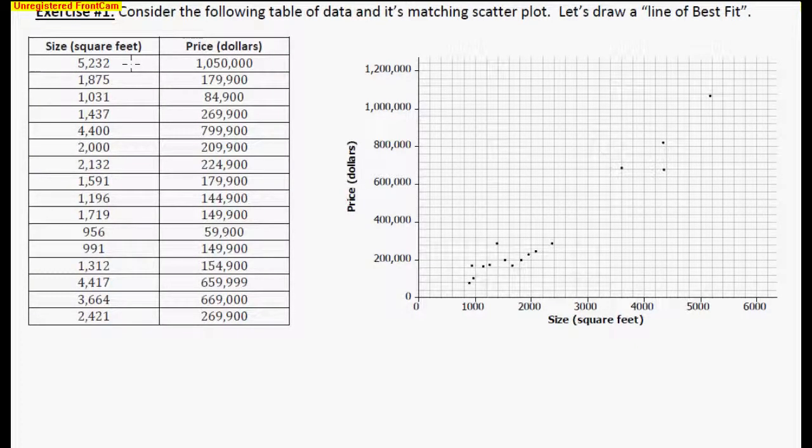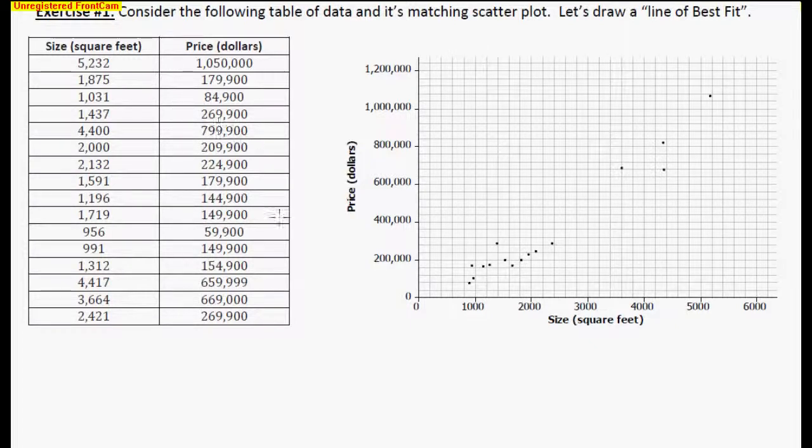So this may be like a house. If you're buying a 5,232 square foot house, the price is 1,050,000 dollars. But it may be something else too. It may be a boat, it may be land, it may be whatever.